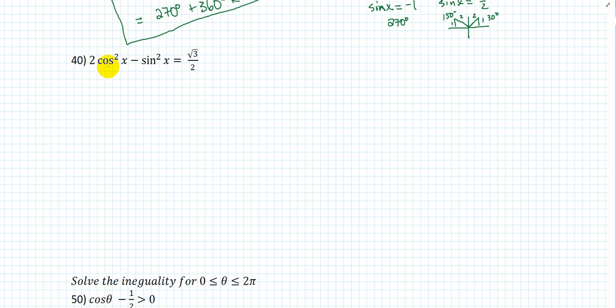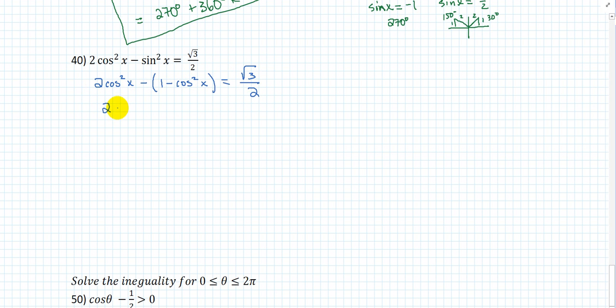But let's turn one of these into the other. I'm not sure which one to do, so I'm just going to guess. I'm going to keep the 2 cosine because I don't want to have to factor out that 2. So I'm going to subtract, and this is going to be 1 minus cosine squared x, and that'll be equal to root 3 over 2.